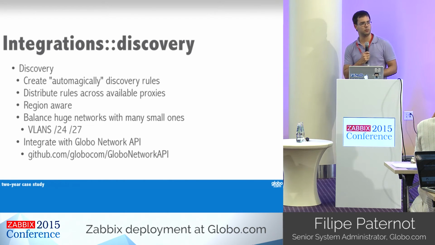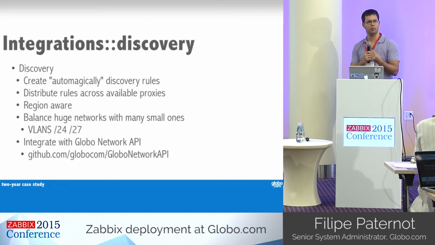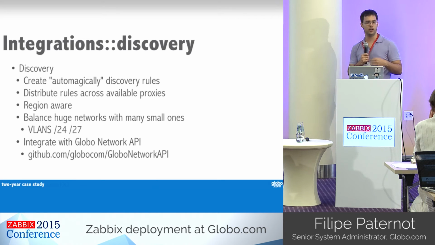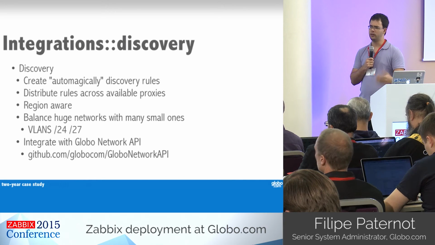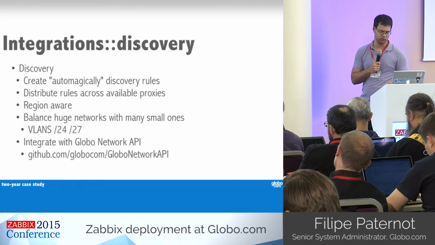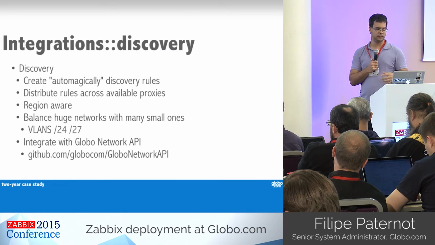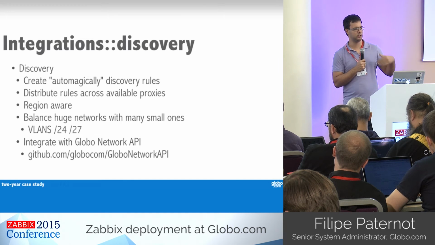Currently, we have 19 proxies, so it's a little tricky to balance the load between them. This script is proxy aware and region aware, and collects everything automatically. We run it once every week or so, and it manages every step we need to change to interact with network discovery.